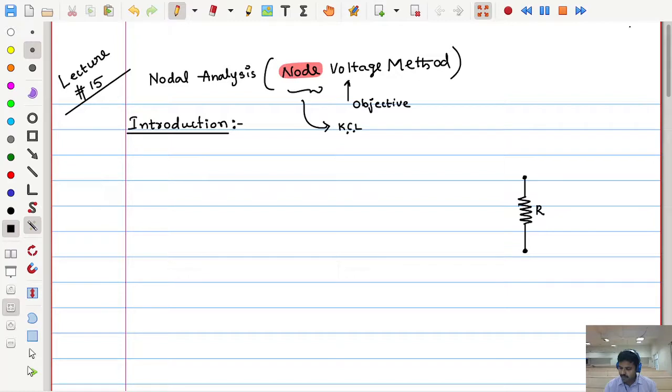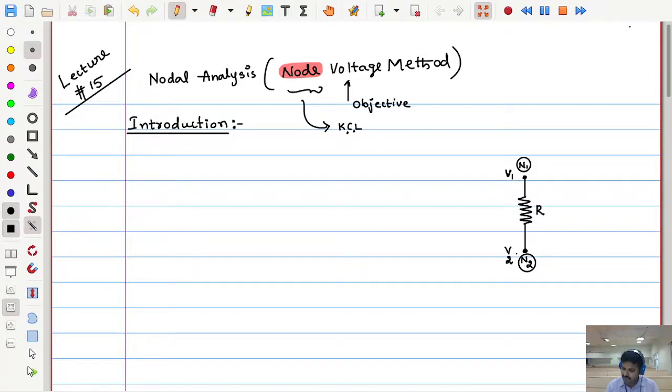Let us take one resistor, and assume that one side of the resistor is connected at N1 and the other side is connected at N2. Let us assume there is some voltage V1 at node N1, and at node N2 some other voltage V2.